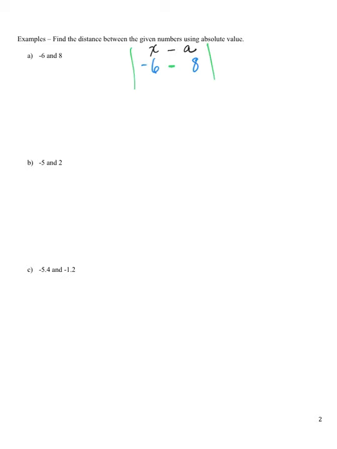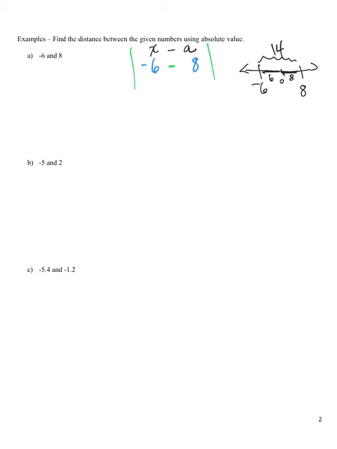Okay, let's look at it on the number line. Let's look at negative 6 and 8. What is that distance? Well, we have to get negative 6 to 0, so that distance is 6, and then 0 to 8, that's another distance of 8. So that's a total distance of 14.